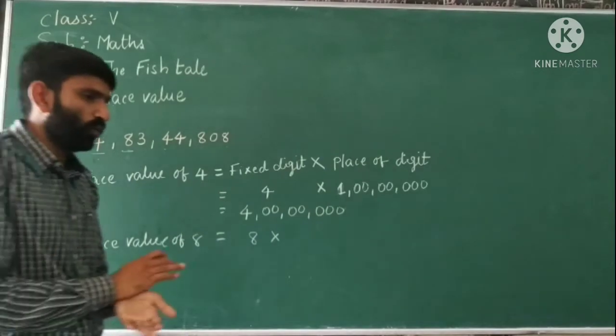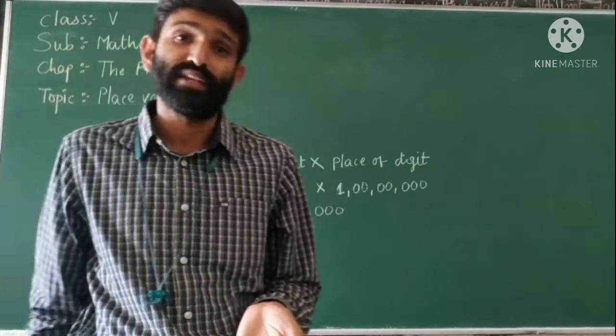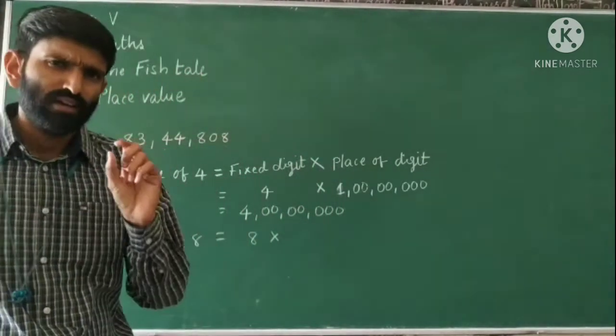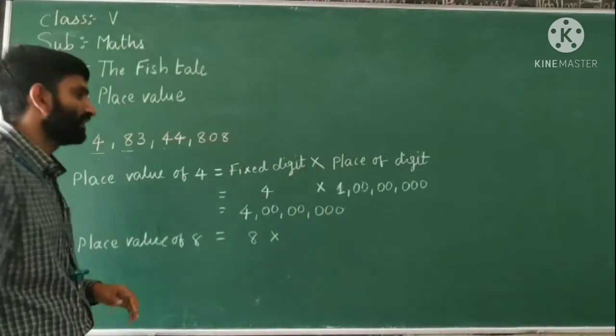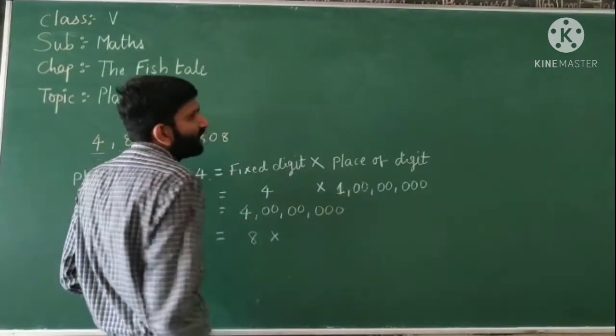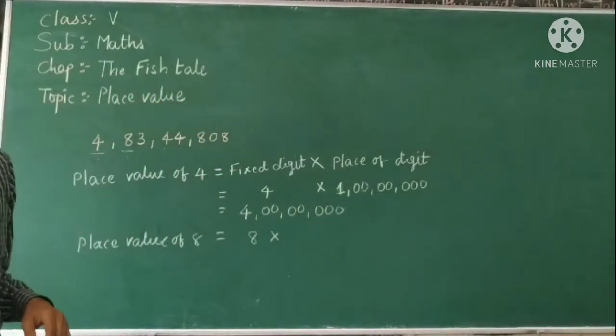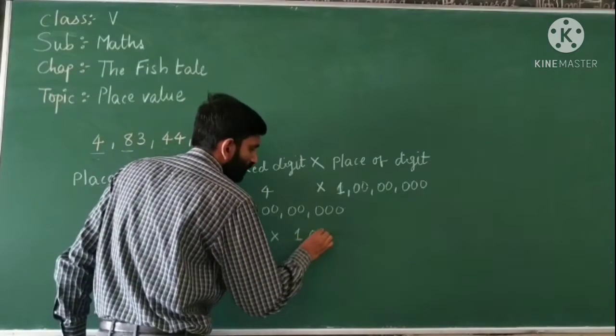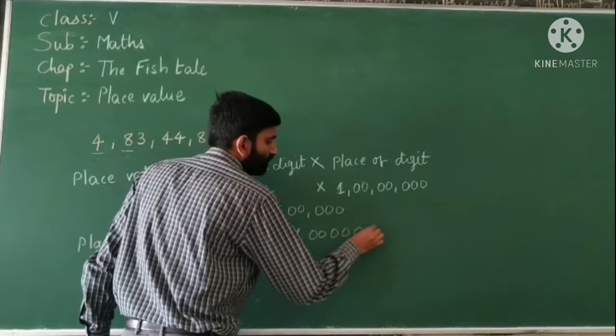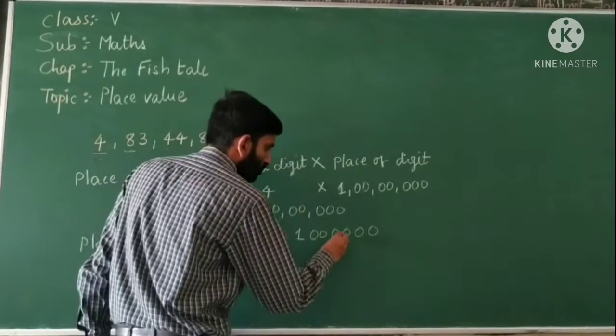See, now here you must know how many zeros there are in 10 lakh. Obviously, we have to reduce one zero from 1 crore. So in 1 crore we had 7 zeros, so in 10 lakh we will have 6 zeros. Let us count: 1, 2, 3, 4, 5, 6. Okay, we'll place a comma.